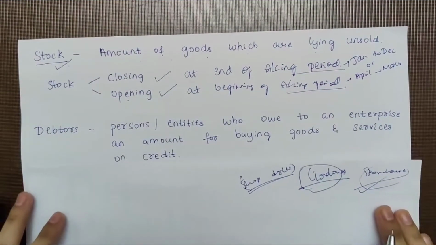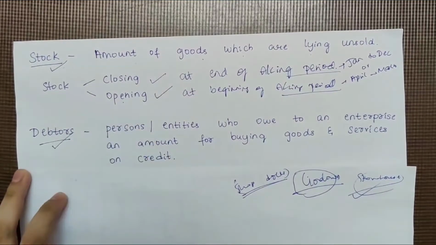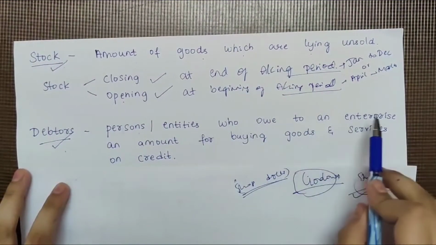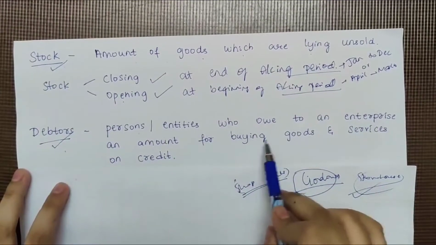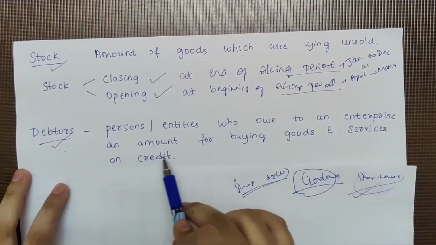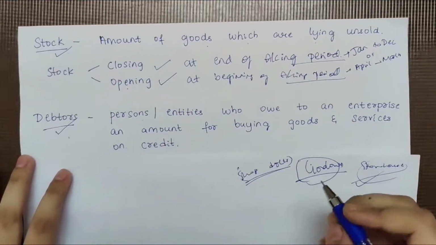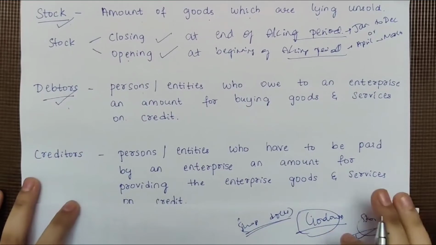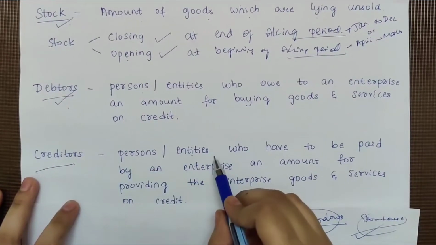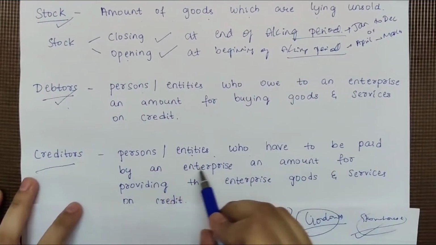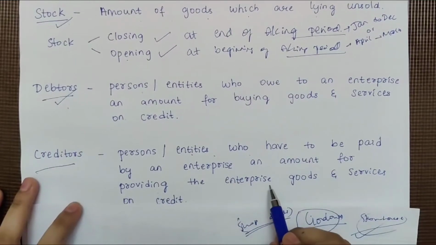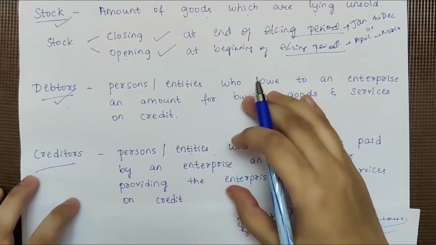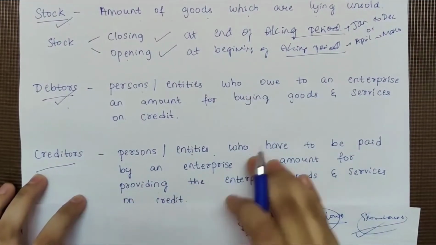So the next one is debtors. Who are the debtors? Debtors are the persons or entities who owe an enterprise an amount for buying goods and services on credit. And who are the creditors? Creditors are the persons or entities who have to be paid by an enterprise an amount for providing the enterprise goods and services on credit. I will tell you these two terms in a very simple and basic manner.